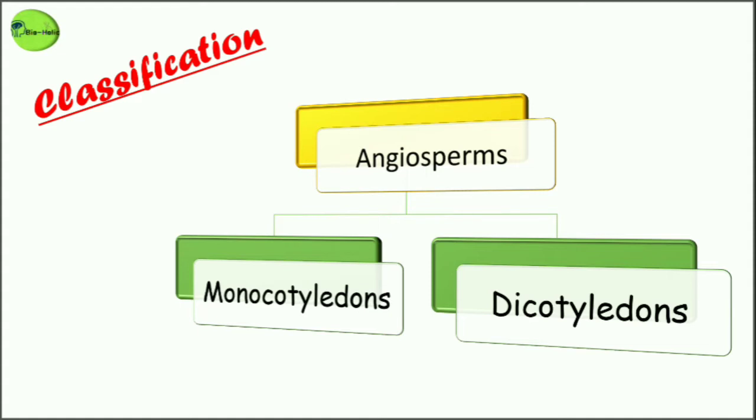Dicots are the flowering plants characterized by the presence of 2 cotyledons in their seed, like the pea, rose, eucalyptus, mustard, etc. And monocots are the flowering plants characterized by the presence of a single cotyledon in their seed, like the banana, cereals, palms, etc.